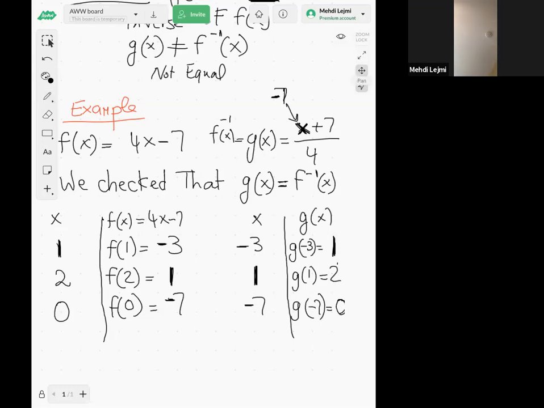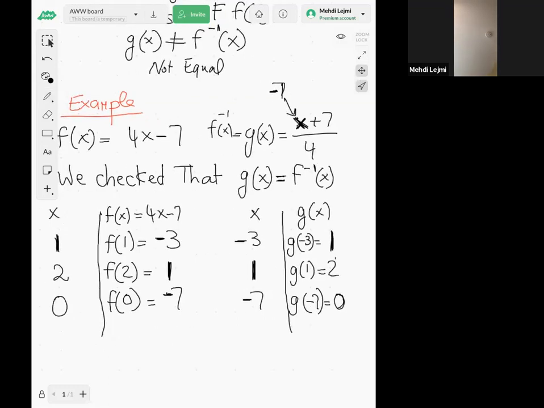So the thing, guys, if you see here, it's like you interchange the values of the input and the output. If my x is 1, my f of 1 is negative 3. Now, if my x is negative 3, then g of negative 3 is 1.